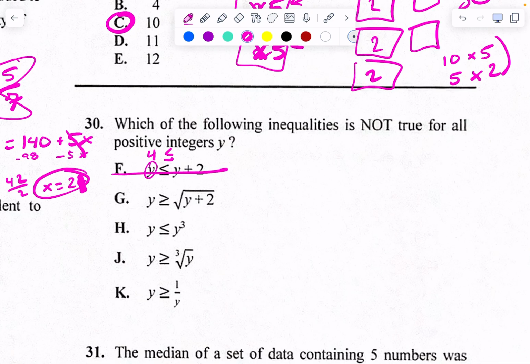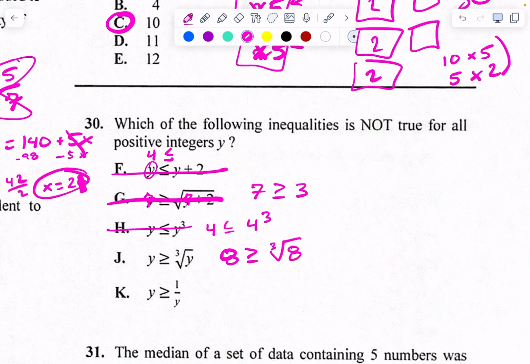Yes. If I plug a 7 in here, this would be 7 is greater than or equal to 3, which is true. So, it's not that one. 4 is less than or equal to 4 to the 3rd power. That is true. Let's go 8 is greater than or equal to the cubic root of 8. That's true.